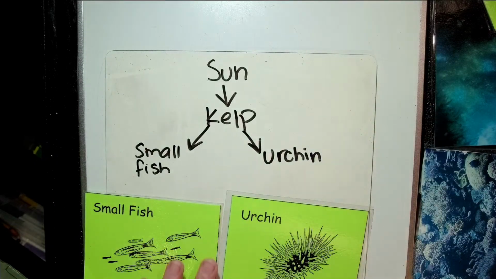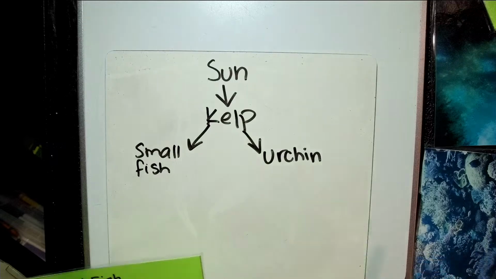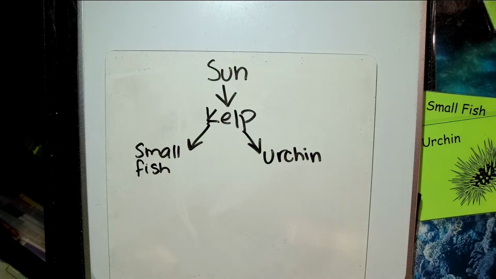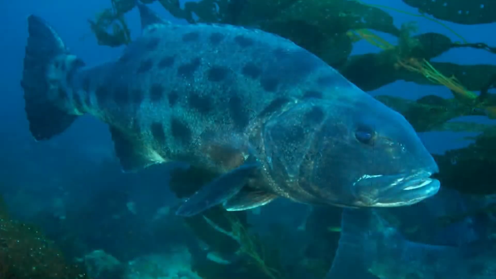But now, are there animals that eat small fish and urchins? Of course there are. We can have some large fish that eat the small fish, like our giant sea bass.